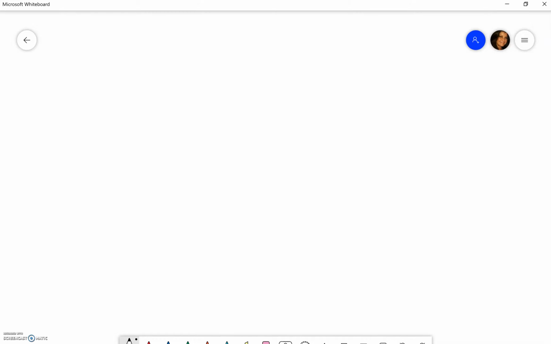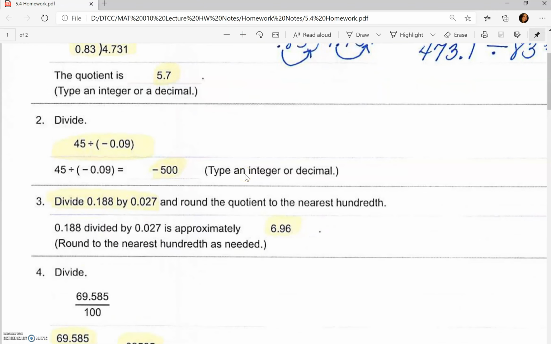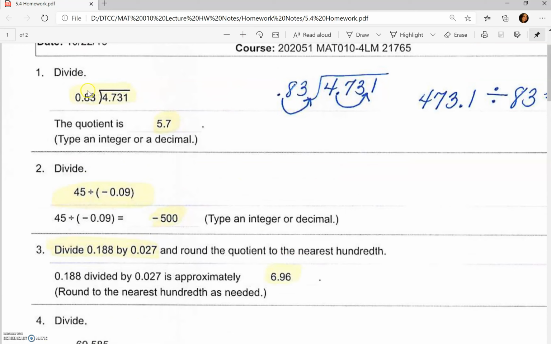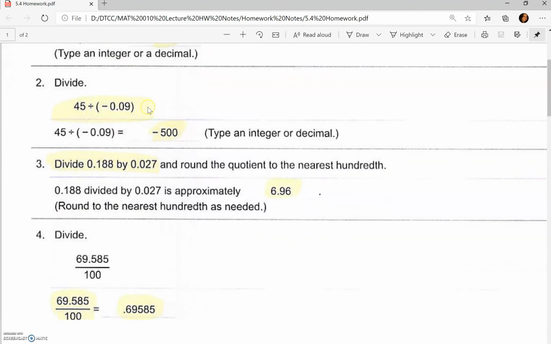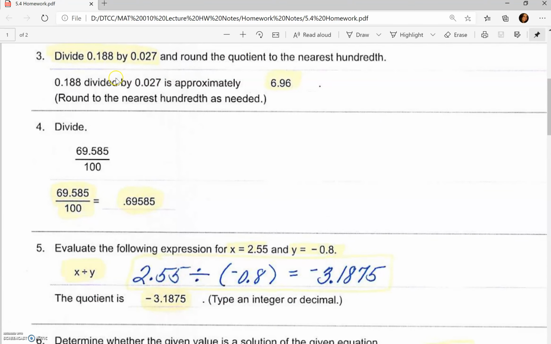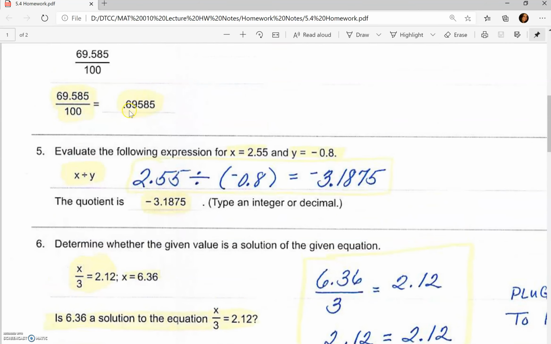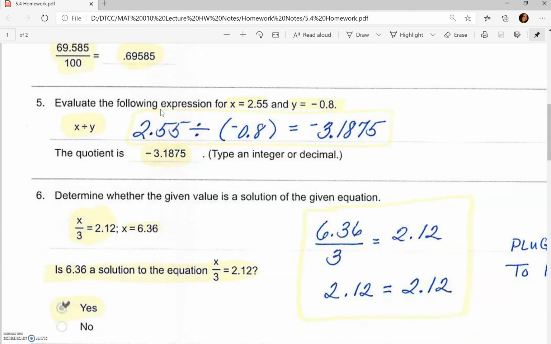So as you're working on your homework in 5.4, it's going to be simple division problems. Not everything is going to ask you to round, but when you get down here to number 3, it is going to ask you to round your answer. So sometimes you may have several digits you're going to enter into the system, and sometimes you may not.